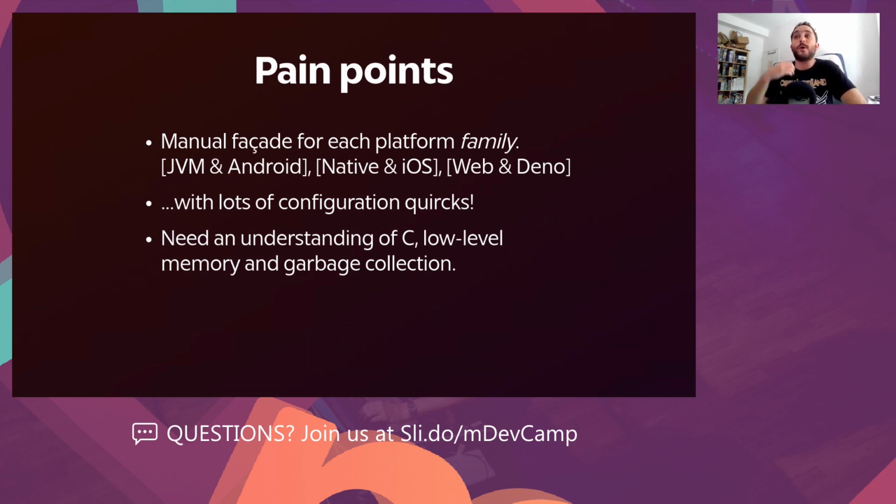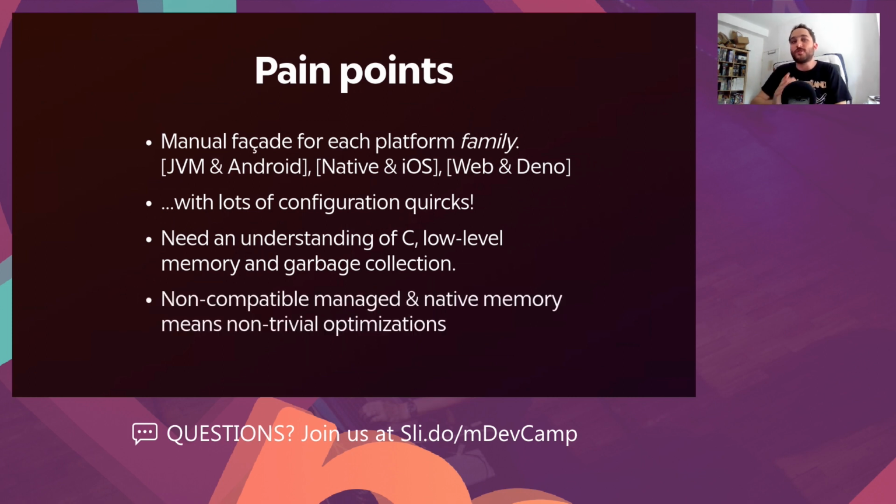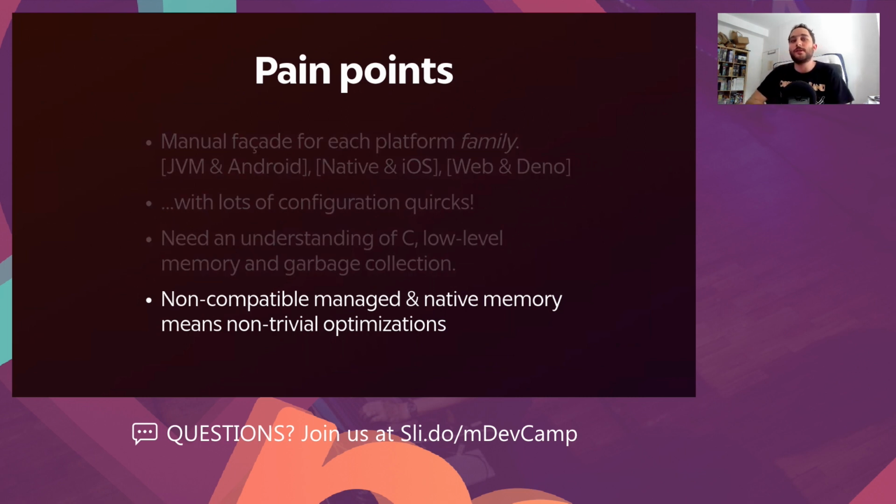It's very important to understand how memory works and how it is managed so that we can write these facades as efficiently and as correctly as possible, which means that you need to understand the difference between managed memory and native memory. And that means non-trivial optimization.